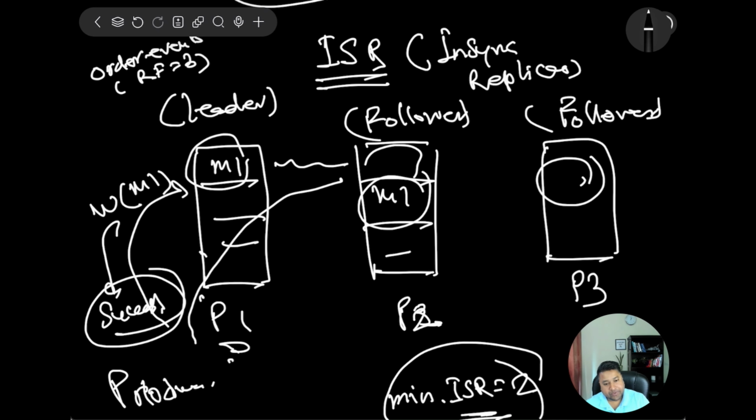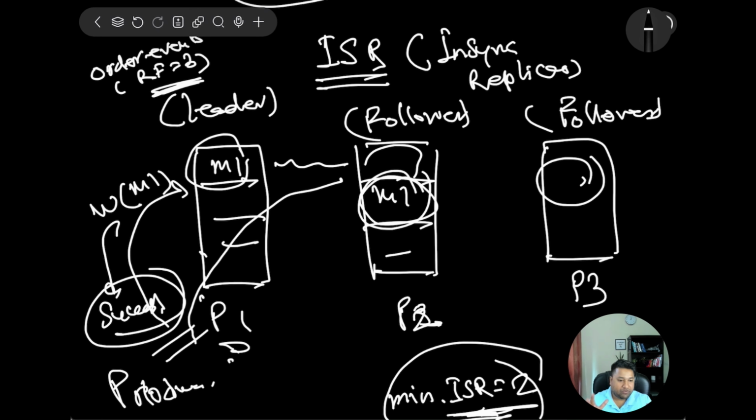Now if you have ISR equal to 2 and replication factor equal to 3, what will happen? The producer will write M1, and as part of the same write operation M1 will also get written to partition 2, because ISR is 2, and then the write operation will be successful. It will get acknowledged.